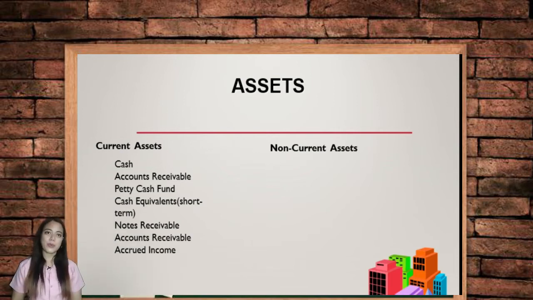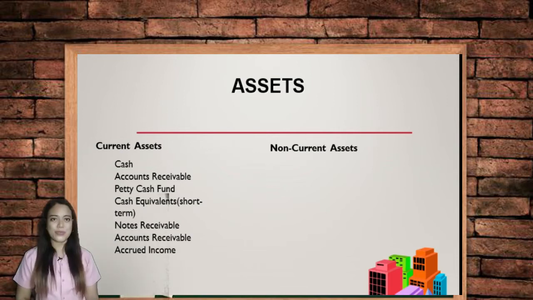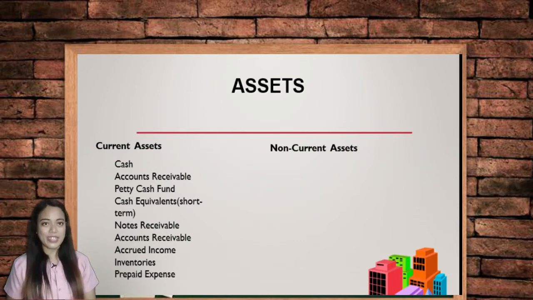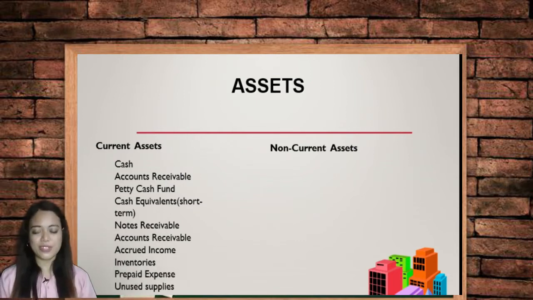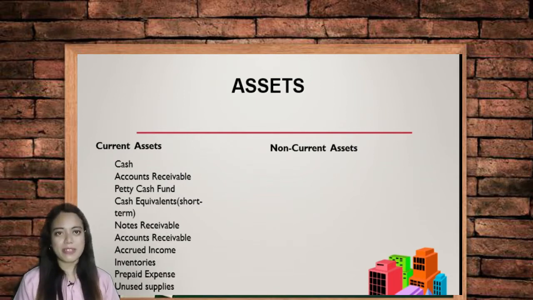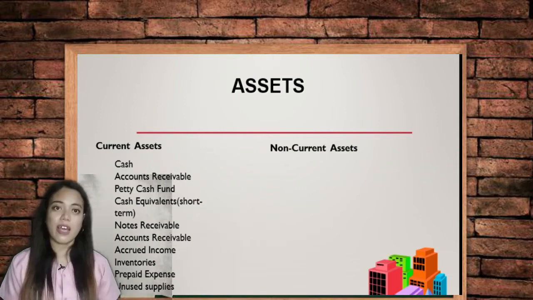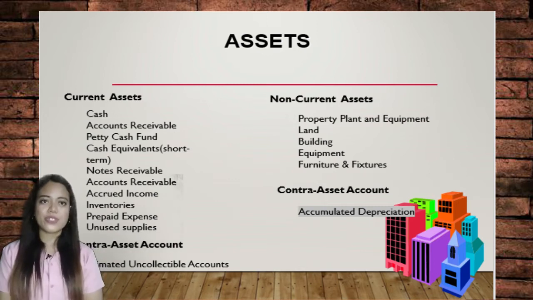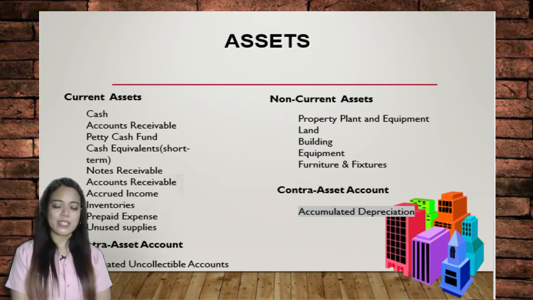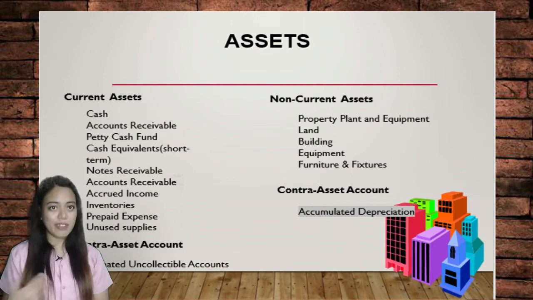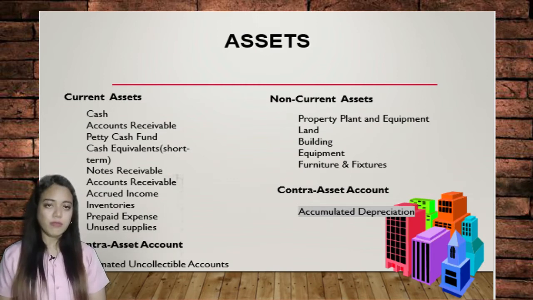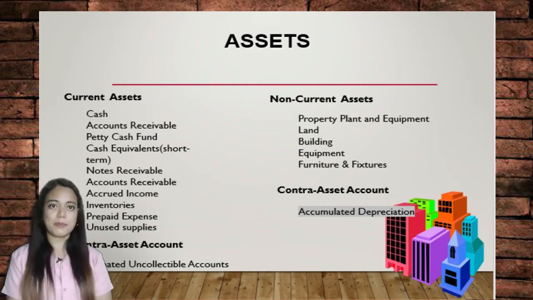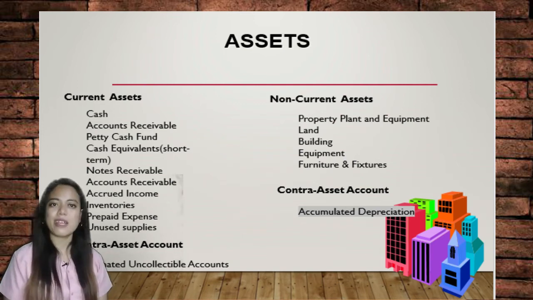We have cash equivalents, notes receivable, accrued income, inventories, prepaid expenses, and unused supplies. So these are the current assets, and they are not limited to these; these are just examples.